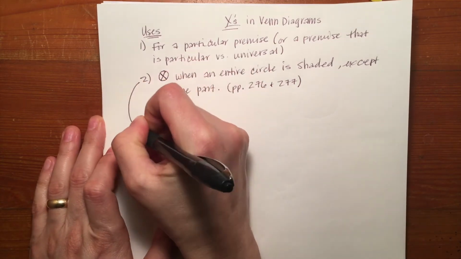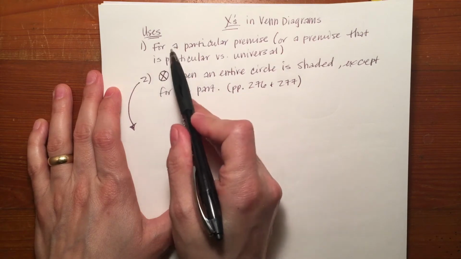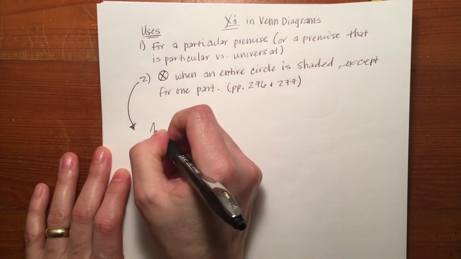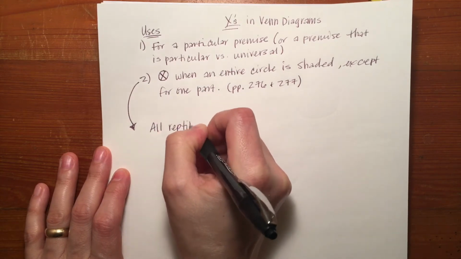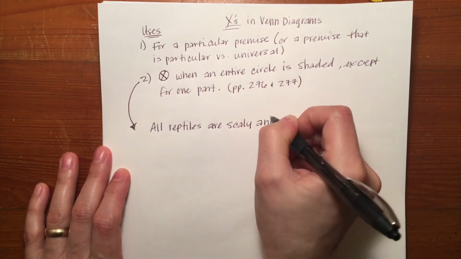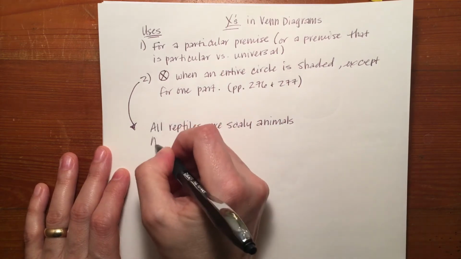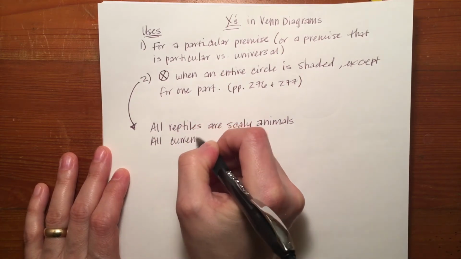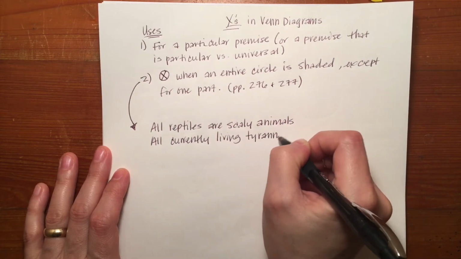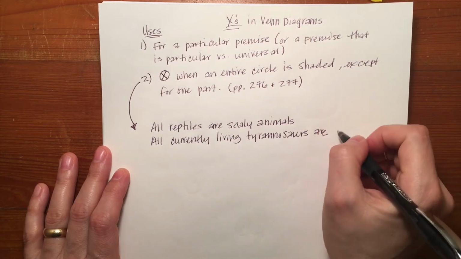So we'll do the second example first, because you've already seen in other videos how X's are used for a particular premise. So if we started off with the argument: all reptiles are scaly animals, all currently living tyrannosaurs are reptiles.